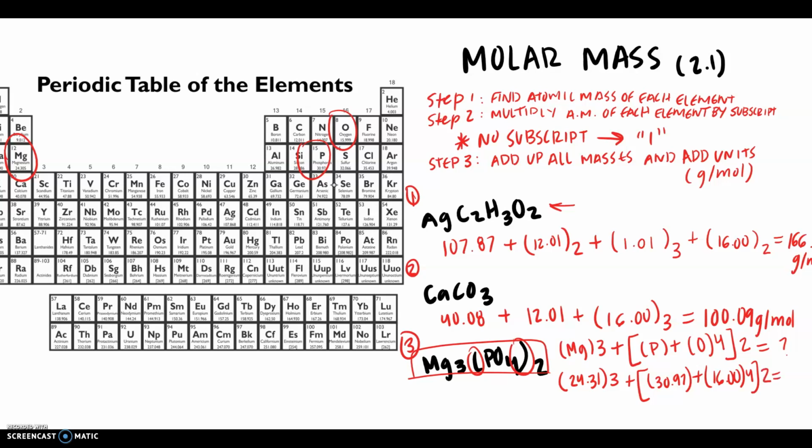And this will give us a molar mass of 262.86 grams per mole. So hopefully this helps, and you see how you can use the molecular formula as a skeleton to help you solve for molar mass. And as long as you follow these 3 steps, you should be good to determine the molar mass.